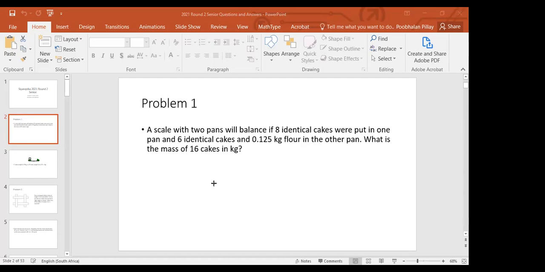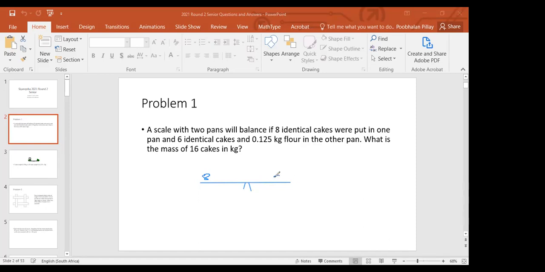Okay, let's just see what's going on here. You've got a pan. Let's draw this pan. Something like that. And you've got 8 cakes on one side.